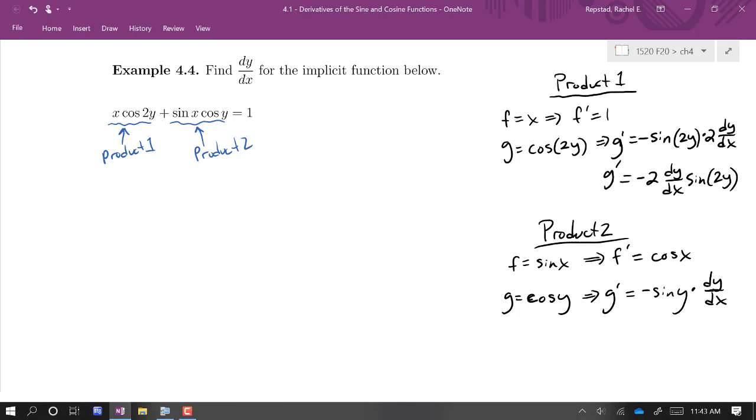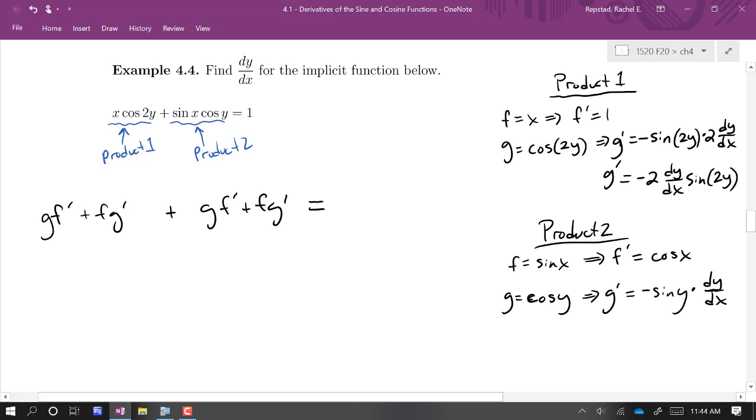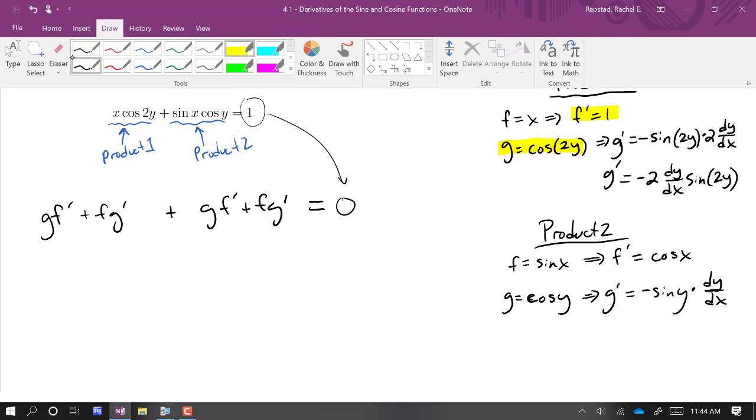All right, so let's put this together. When we take the derivative on both sides, we first have our two products, so these are both going to be g f prime plus f g prime equals, and then of course the derivative on that side is 0, because the derivative of a constant term is 0. g times f prime, for our first product, g times f prime is cosine 2y times 1.